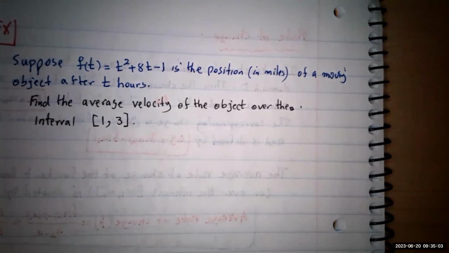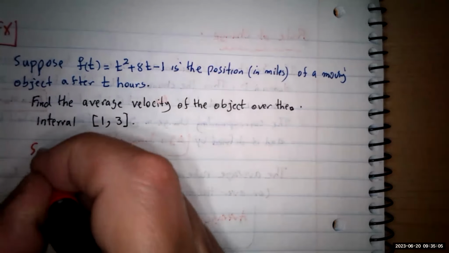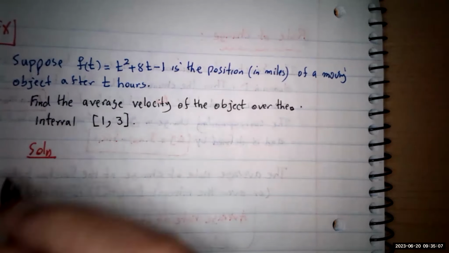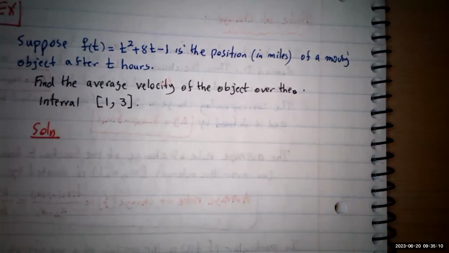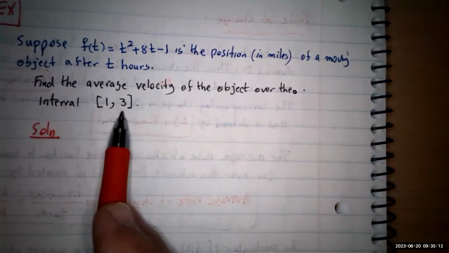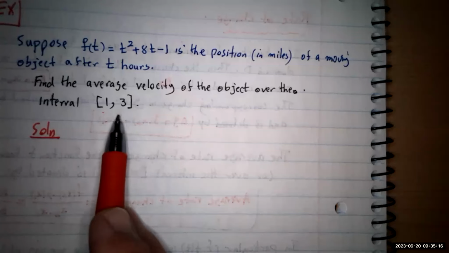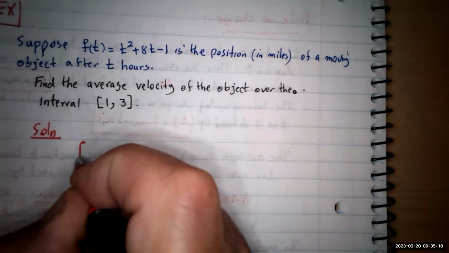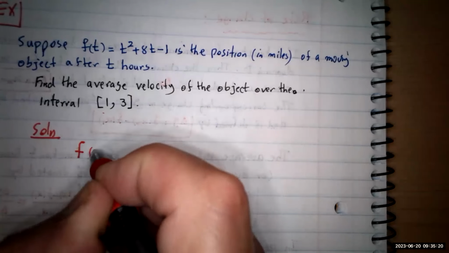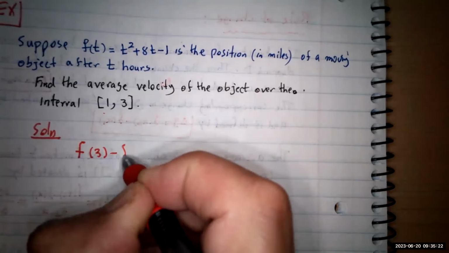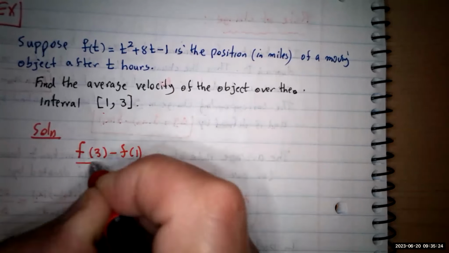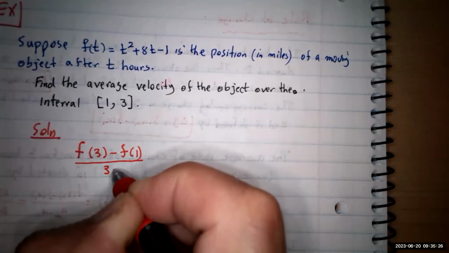Okay, are you ready? So the formula, remember, no derivative so far, nothing, just algebra. So the interval is 1 and 3, so it's going to be your T1 and it's going to be T2. And you know that the average is going to be f of T2 minus f of T1, so f of 3 minus f of 1 divided by 3 minus 1.